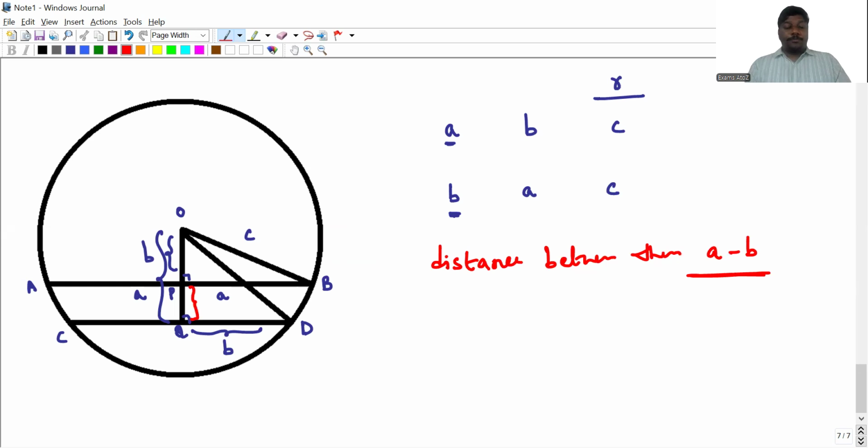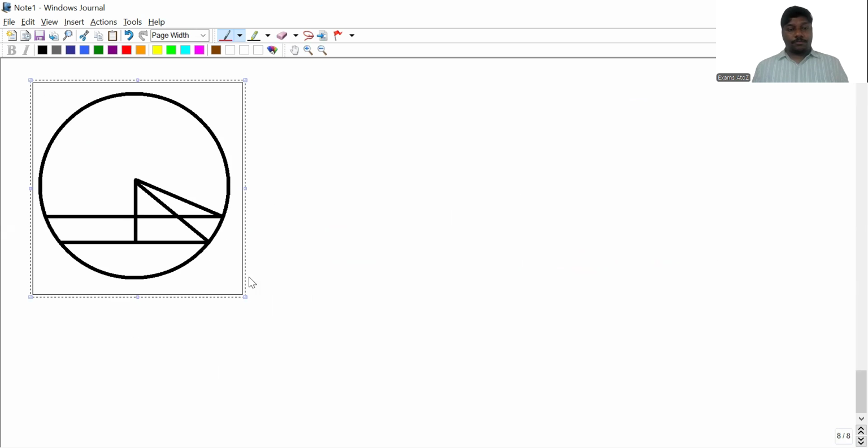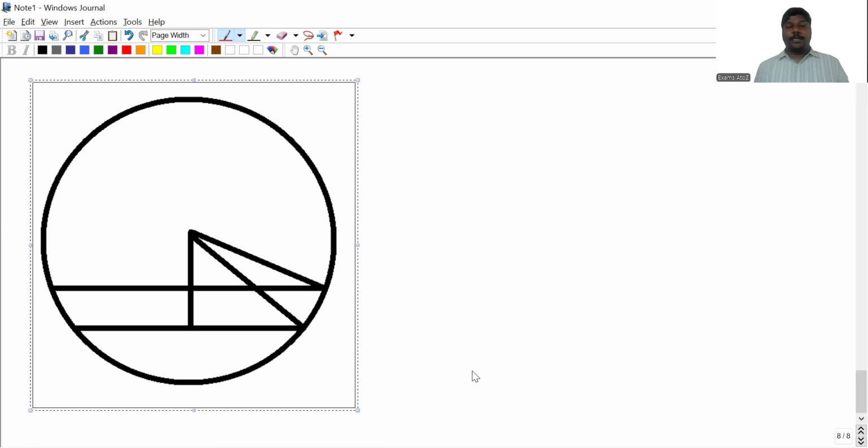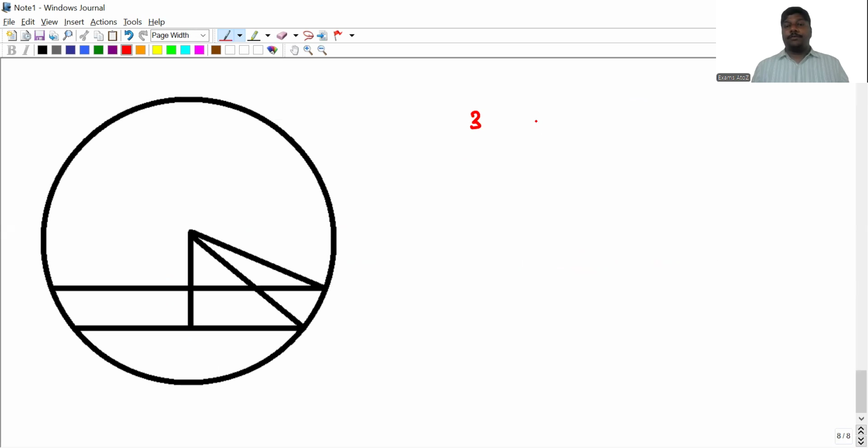Let me explain you with the values. Suppose I'll take 3, 4, 5. You write 3, 4, 5 here and write it in a reverse case. 4, 3, 5. Which means they'll give you half of the larger chord as 4. If it is 4 means this is 4. Half of the smaller chord as 3. Look at here.